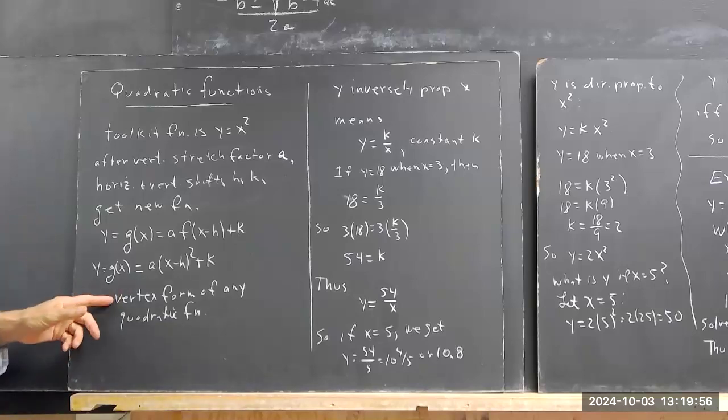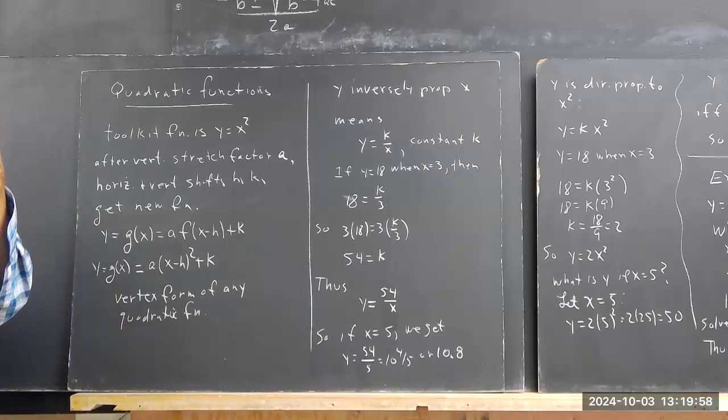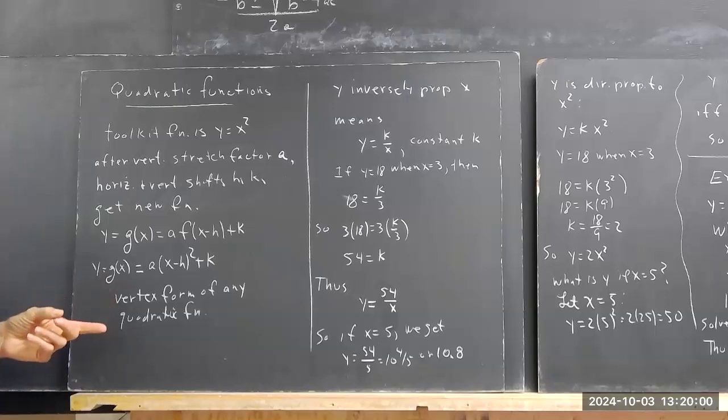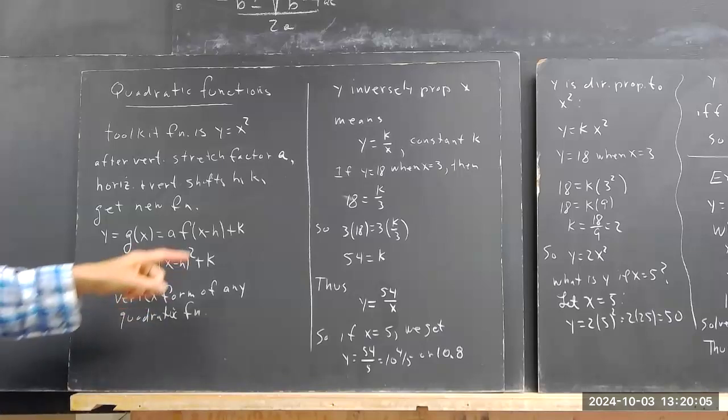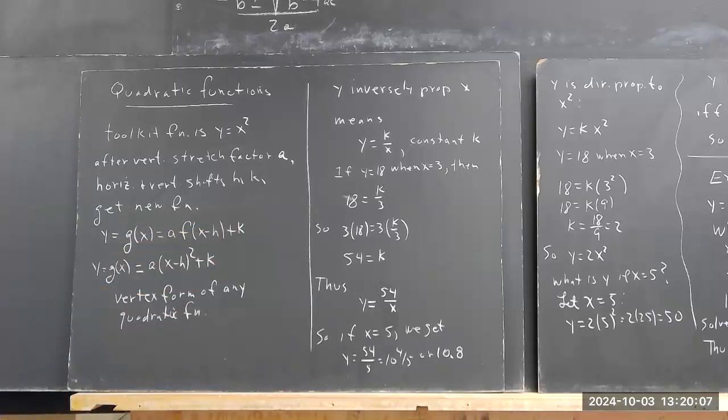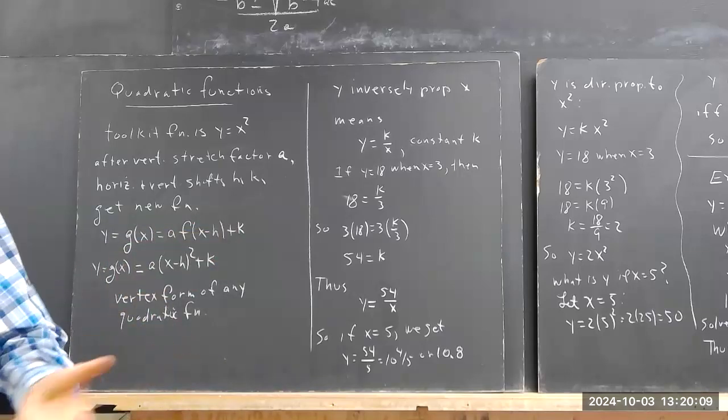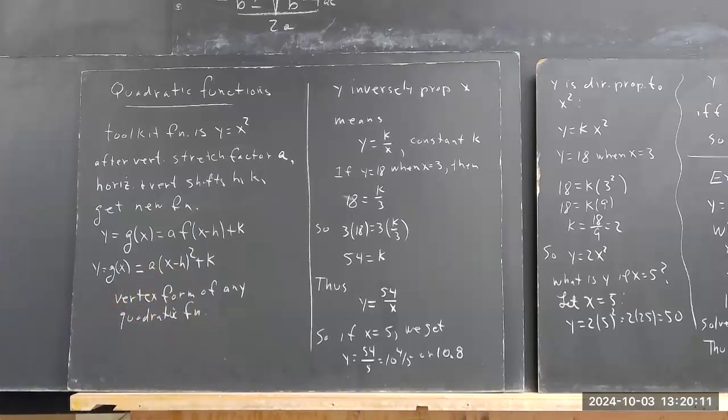Okay, so vertex form of any quadratic function. What's the vertex? Well, where does the origin go? The origin goes to the point (H, K). You should be familiar with that, because that's what we've been doing over months now.